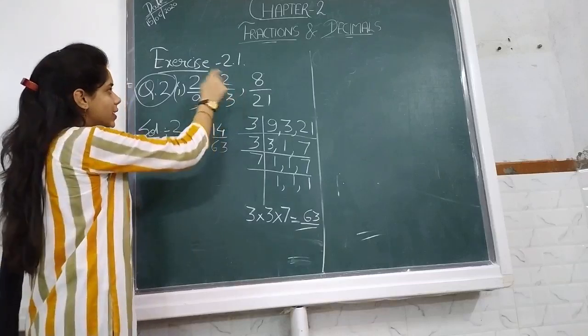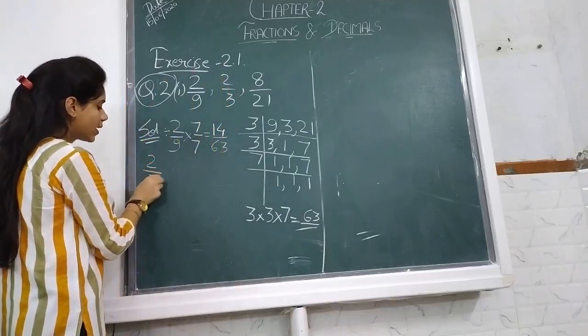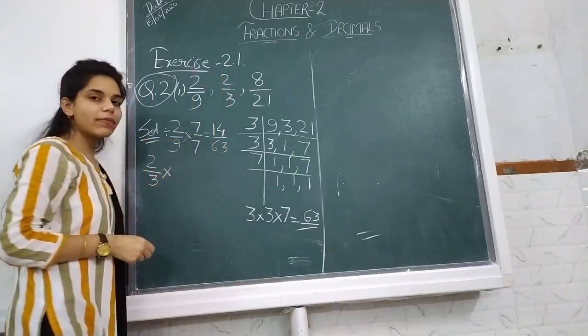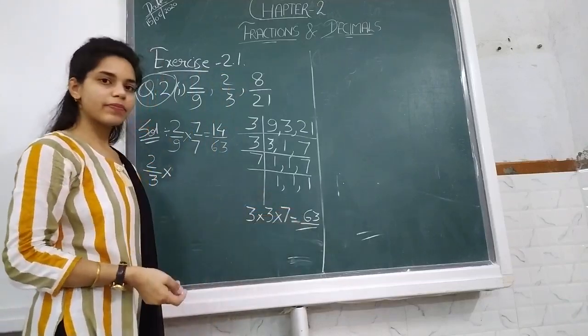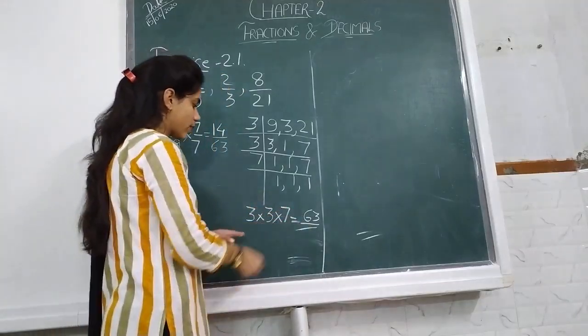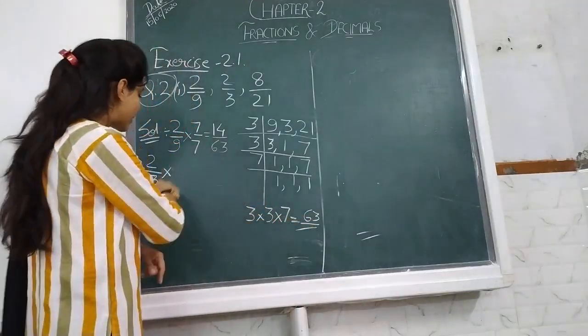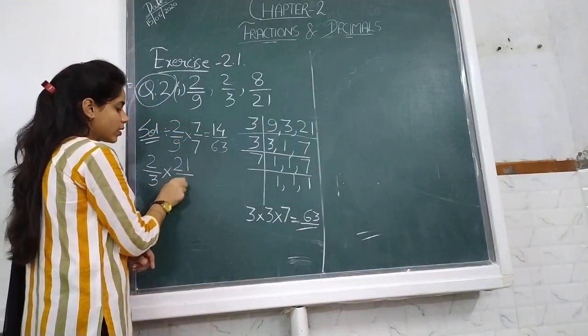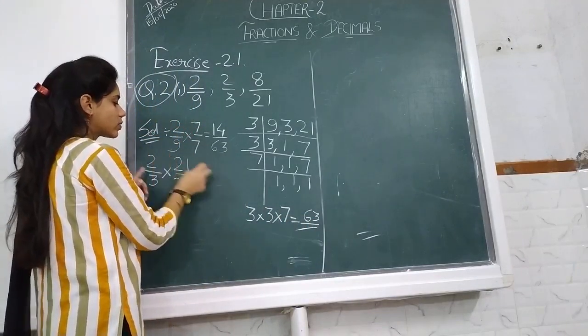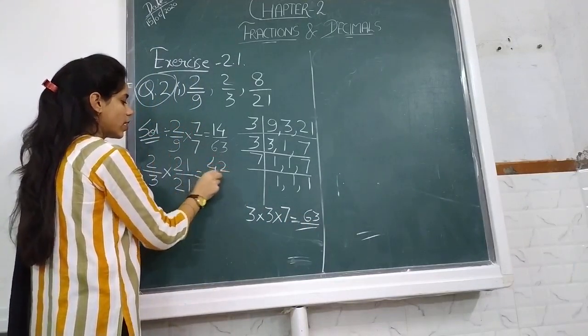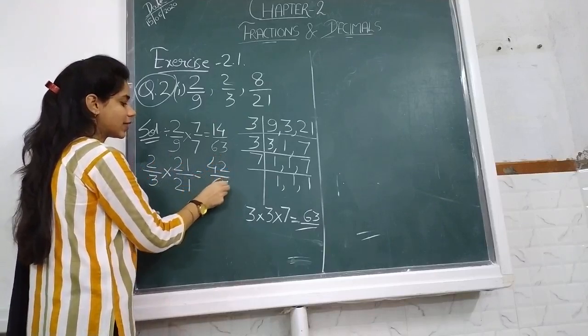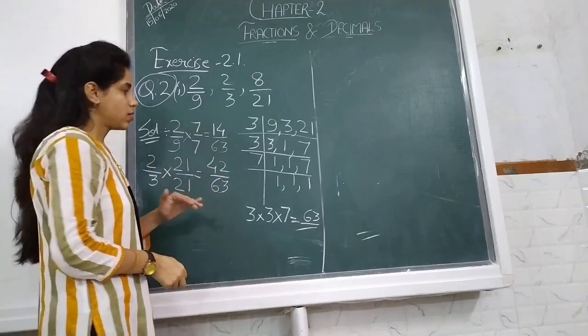Got it? Now take the second fraction, 2 by 3. What number do we have to multiply to get 63? You can see here also, 7 3s are 21, 21 3s are 63. So we have to multiply with 21. So 21 twos are 42. 21 3s are 63. Understood everyone?